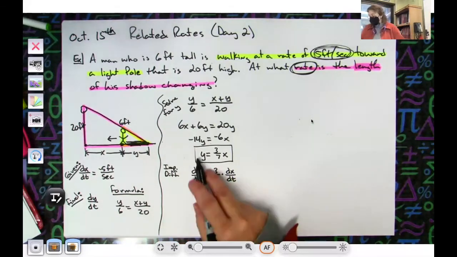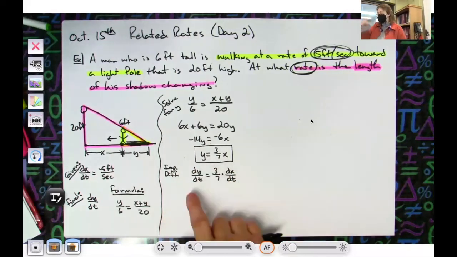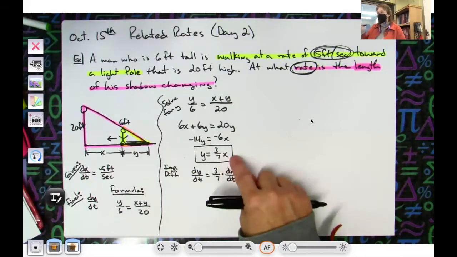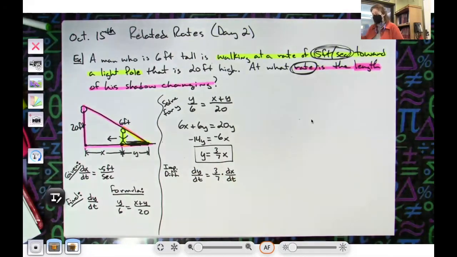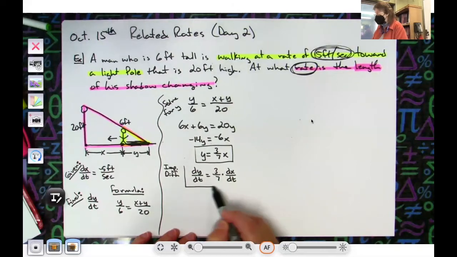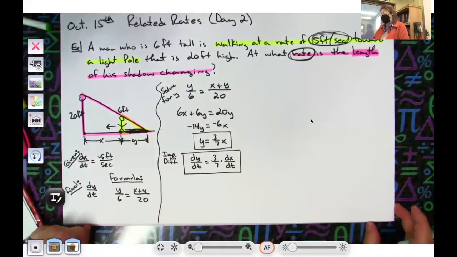Okay, so the derivative of y, which I didn't say, is 1, and then the chain, dy over dt. The derivative of 3/7 x is 3/7, and then put the chain in, dx dt. Okay, so then there's my derivative. Let's box that in because that's important. I will check that, obviously. Okay, now I've got the derivative.